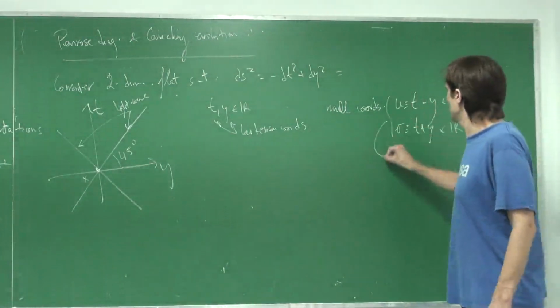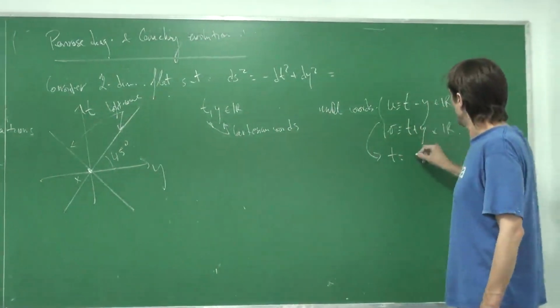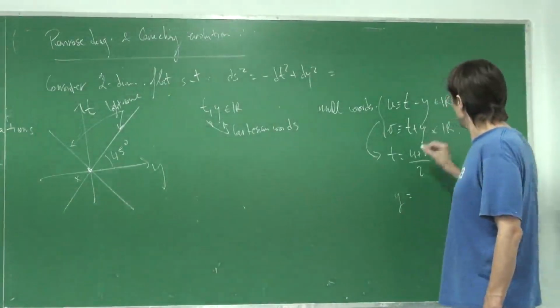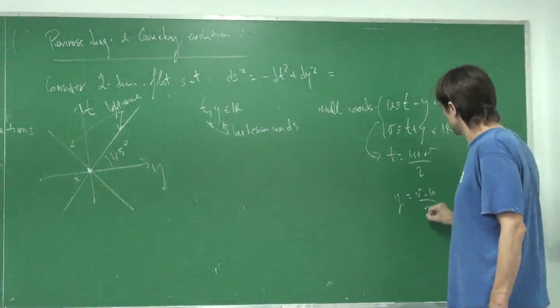So also t is (u plus v) over 2, and y is (v minus u) over 2.